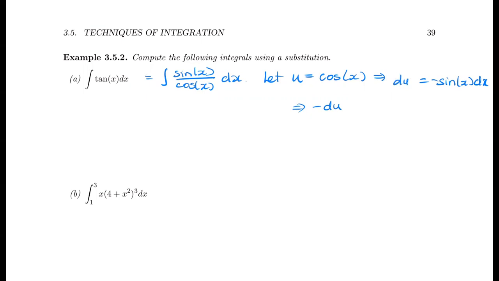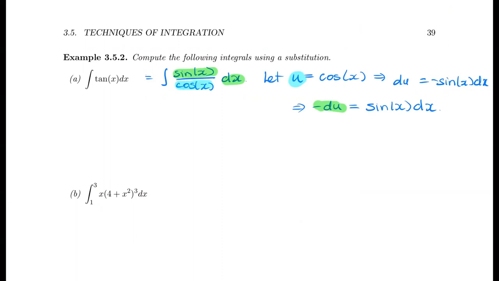So we have negative du equals sine x dx. But guess what? We already have the sine x dx here. That's the one that we want to substitute with. So we replace the sine x dx by negative du, and the cos x, we replace it by u.